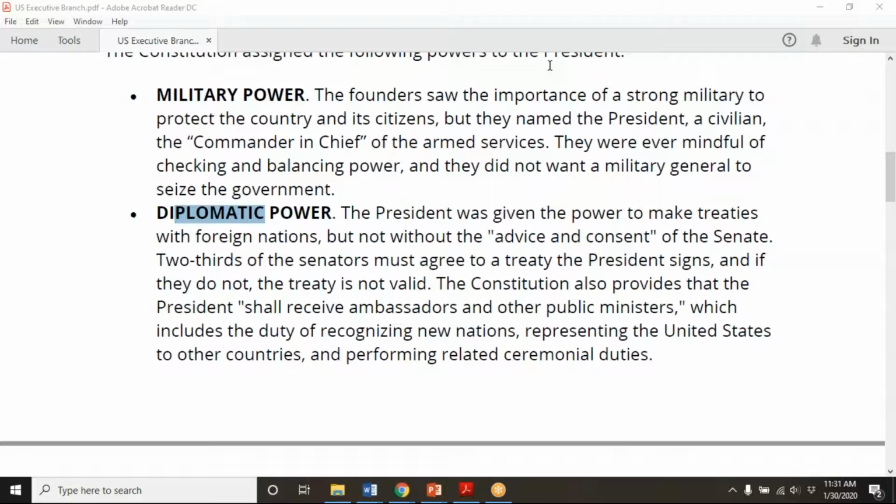The Constitution also provides that the president shall receive ambassadors and other public ministers, which includes the duty of recognizing new nations, representing the United States to other countries, and performing related ceremonial duties.